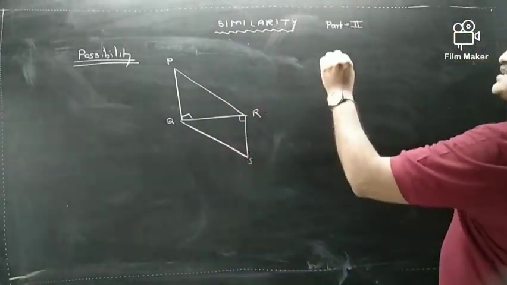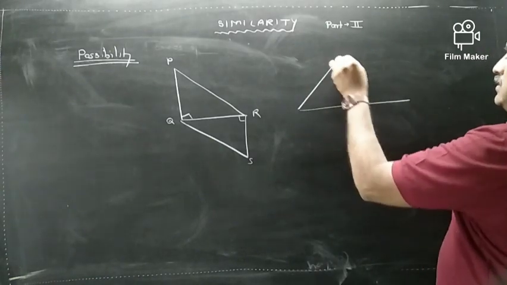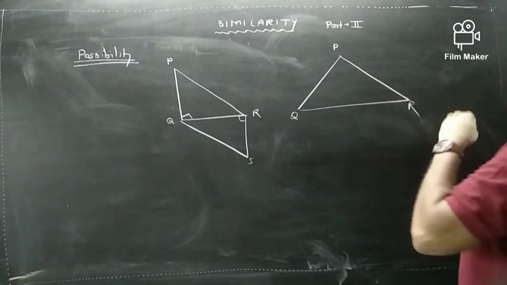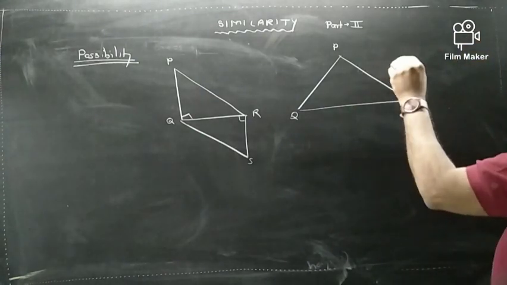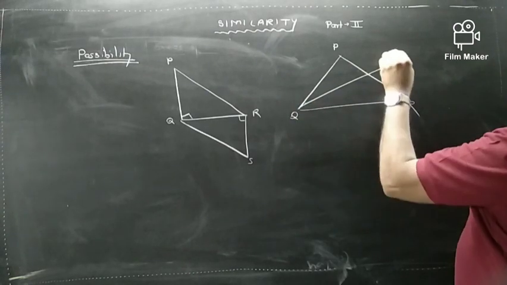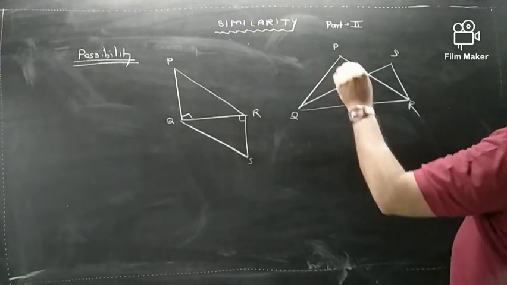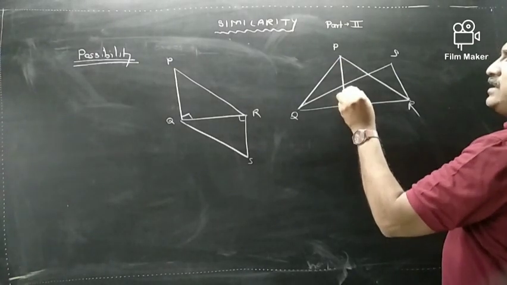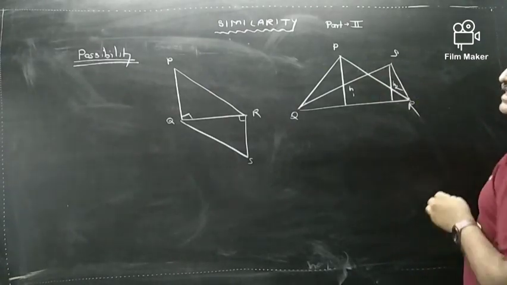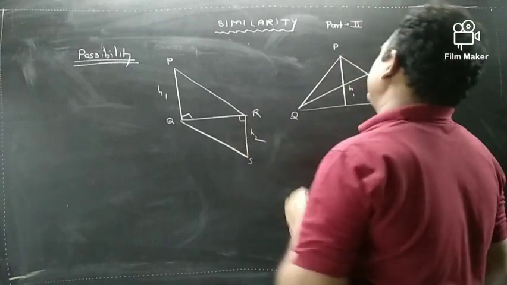Or they may ask the question like this, with P, Q, R and S. So this will be the height, this will be the height of the second triangle. This is H1, this one is H2.